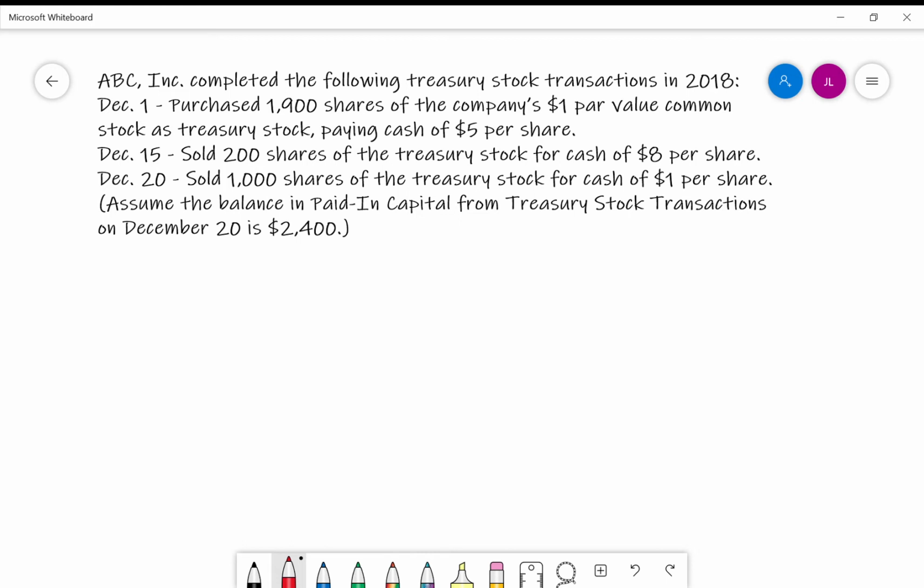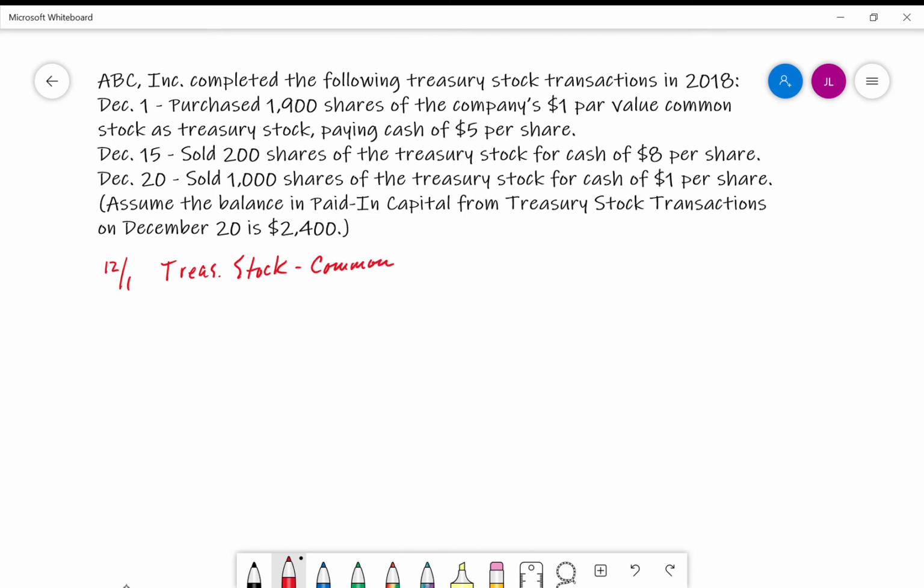So we want to journalize these, and as we're journalizing, we'll talk about a few things here. Now, the first, we know on December 1st is our first transaction. We're purchasing 1,900 shares of the company's $1 par value common stock, paying $5 per share. So basically, we have to debit our Treasury stock, and we're going to denote that this is common.